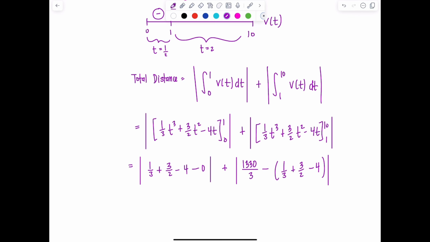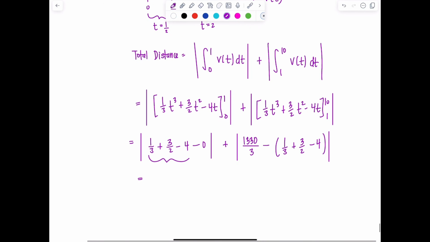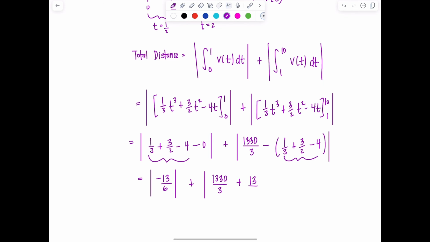Okay. And then this is going to give me negative 13 over 6, but I'm going to take the absolute value. Do you see that? So crucial. Plus, and then here we have 1330 over 3. This is also negative 13 over 6, but minus negative 13 over 6 makes it plus 13 over 6.